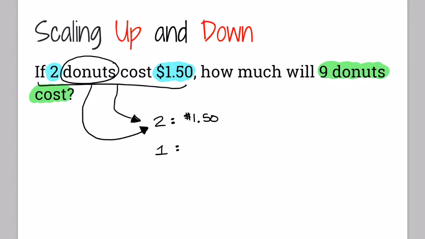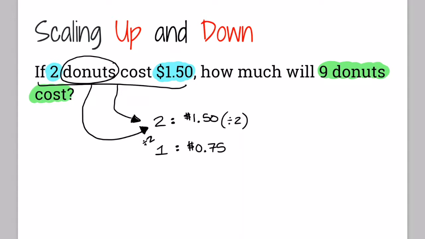So if I'm dividing to get from 2 to 1, that is a divide by 2, right? 2 divided by 2 equals 1, so therefore I must divide 150 by 2, which would give me 75 cents. So my unit cost is 1 donut costs 75 cents.